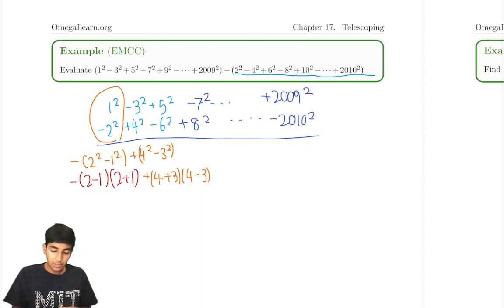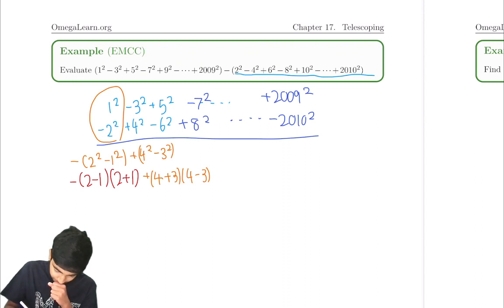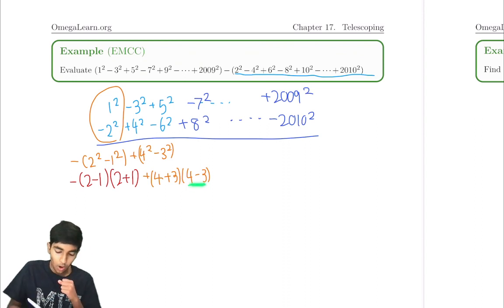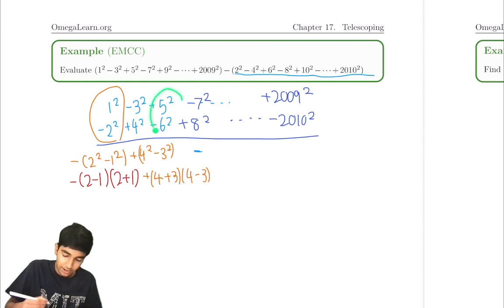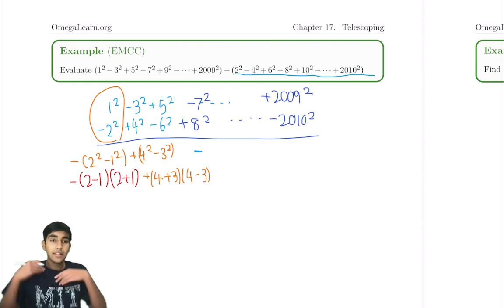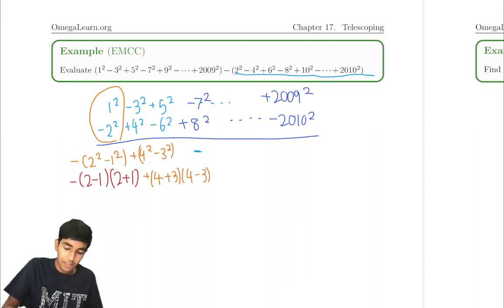And the thing is, we can continue on with this, but the key thing to note here is that this term is always 1. So next time we would have minus 6 squared minus 5 squared, because it's 5 squared minus 6 squared, which is the same as the negative of 6 squared minus 5 squared.